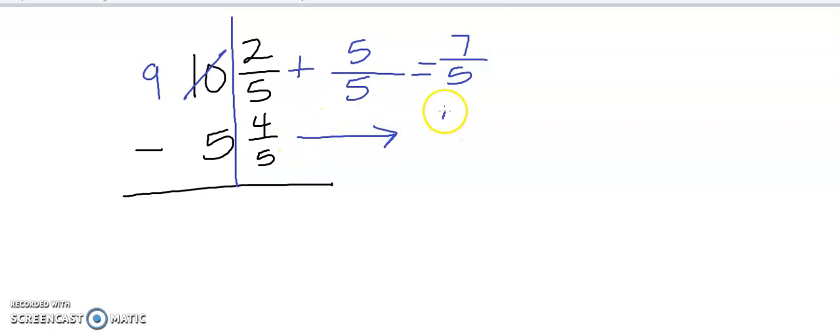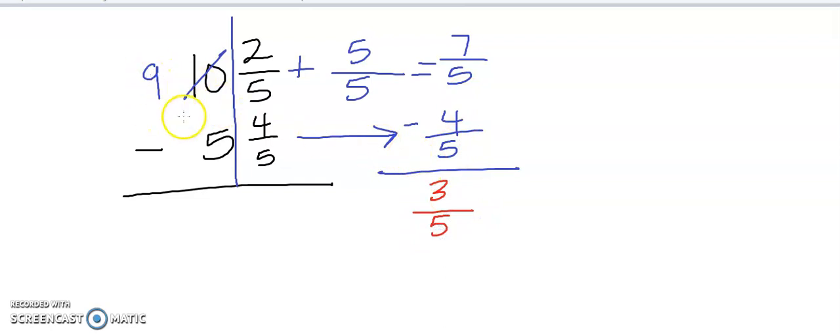Move across my 4/5. Now I can subtract. 7 minus 4 gives me 3. Denominator stays the same. It is 5. Now I can go to my wholes. 9 minus 5 gives me 4. So my answer is 4 and 3/5.